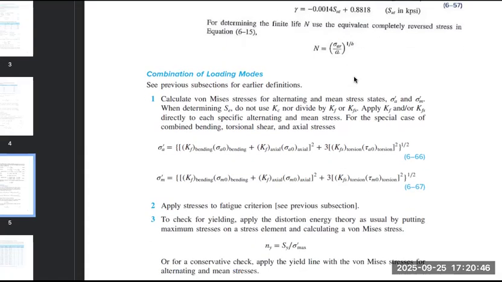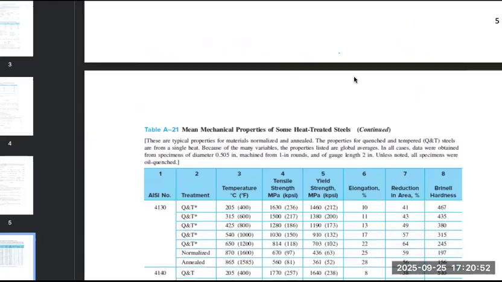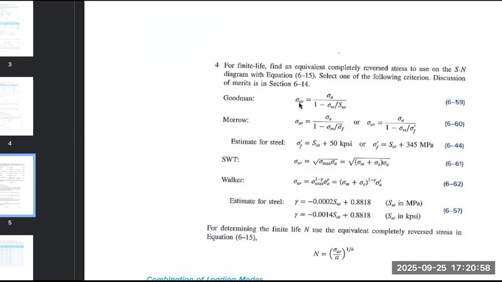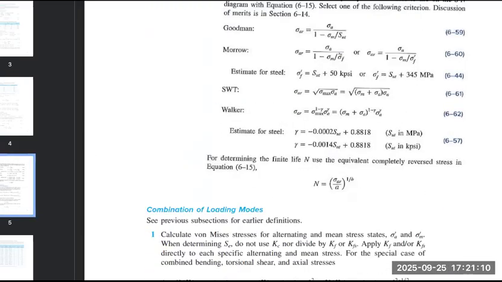And how can we find the completely reversed stress in terms of sigma a and sigma m? We have this equation over here for the Goodman: the reversed stress sigma_AR is equal to sigma a over 1 minus sigma m over the ultimate strength. So the two equations that are of interest to us are this one and this one to find N. And once we find the two N's, we can isolate the lowercase n2 that we want to find.